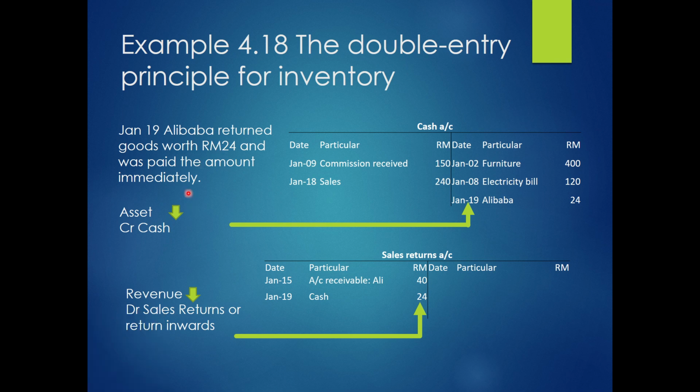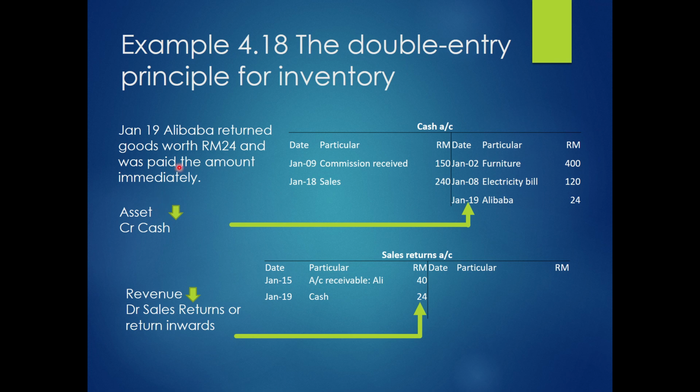There are two effects for this transaction. When the business paid Alibaba by cash, since the sale to Alibaba was made previously by cash, therefore Alibaba will get back his cash, right?